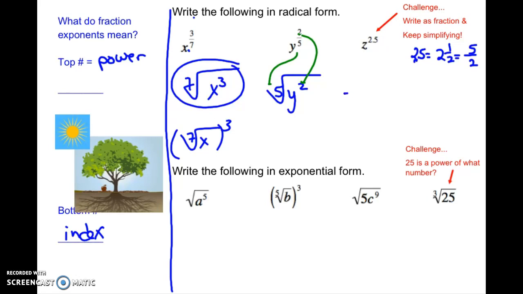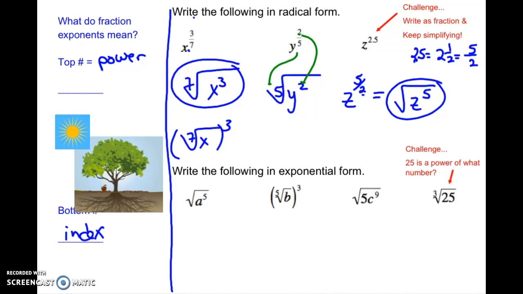So that is the equivalent of z to the 5/2. And so that's equal to, the index is 2, so a square root of z to the 5th. So that's what we do when we have a rational or a fractional exponent.